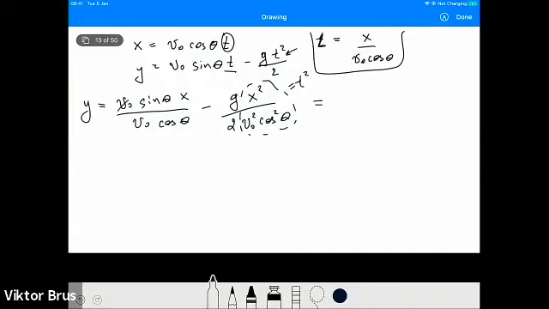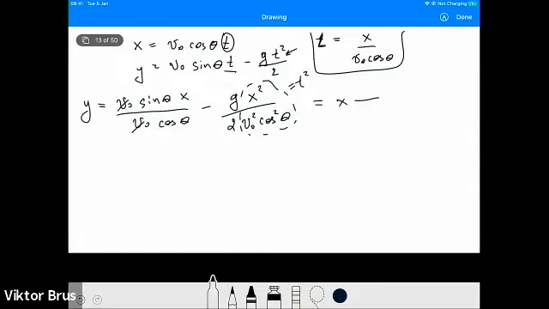So here v naught and v naught cancel out. So the ratio sine theta divided by cosine theta is tangent of theta, but leave it like this because later we will need to come back again to this ratio. So it's more convenient just to leave it like this.